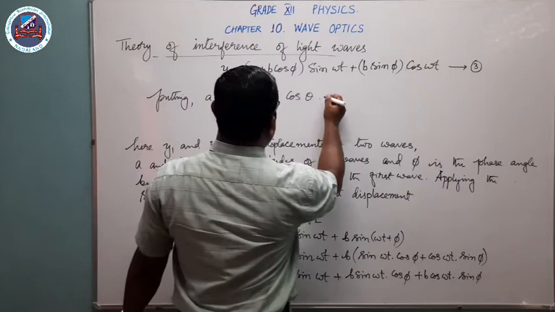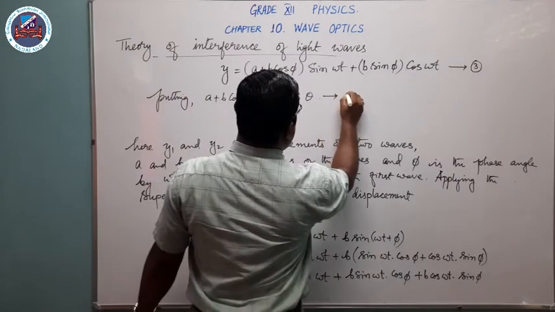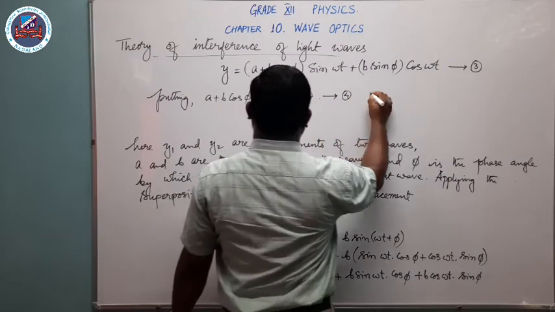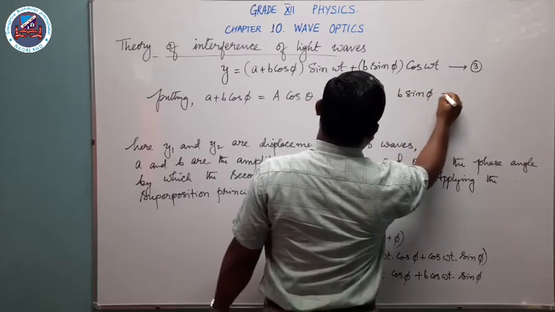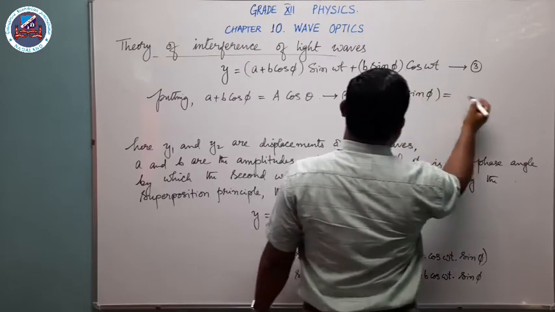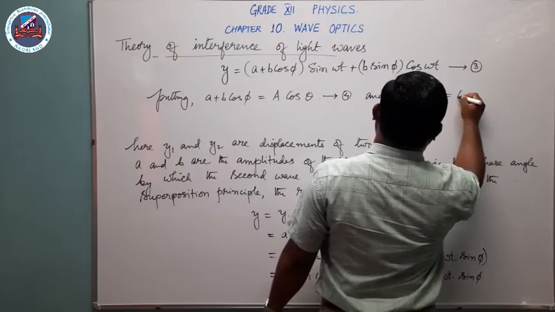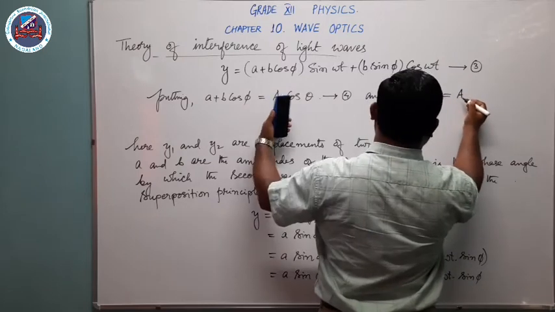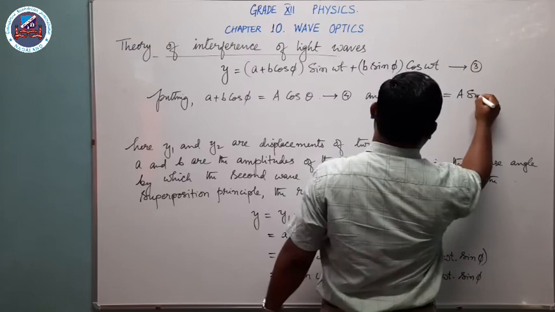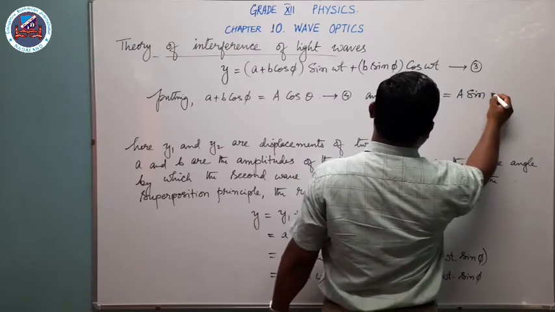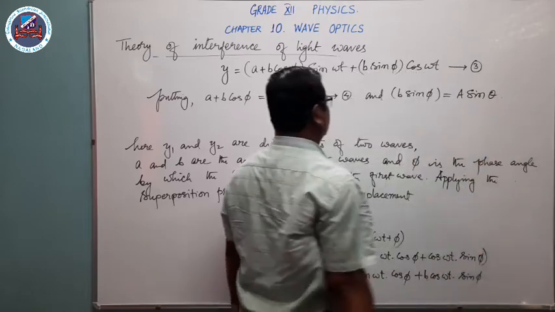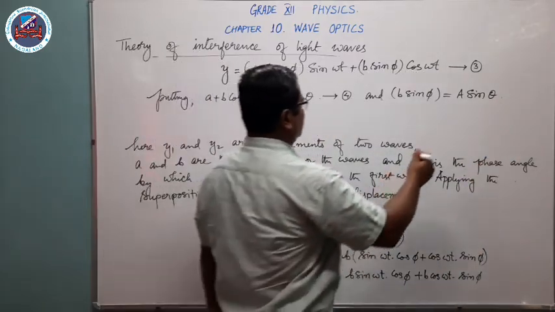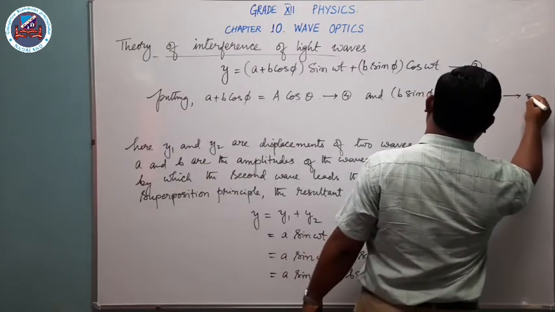This one we will mark as equation number 4, and this b sine phi is equal to A sine theta. The amplitude must remain the same for the resultant wave, the sine also must not change, but the phase angle changes. So we mark it as theta, the phase angle. Let us mark this as equation number 5.